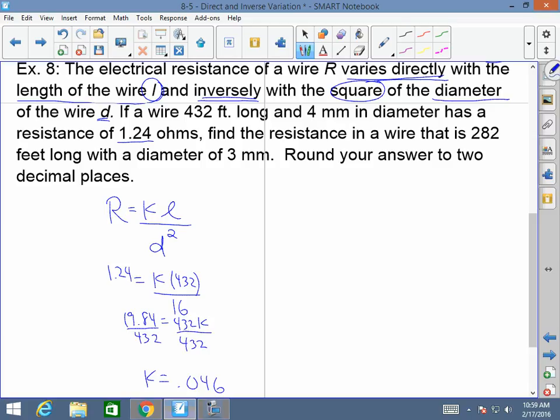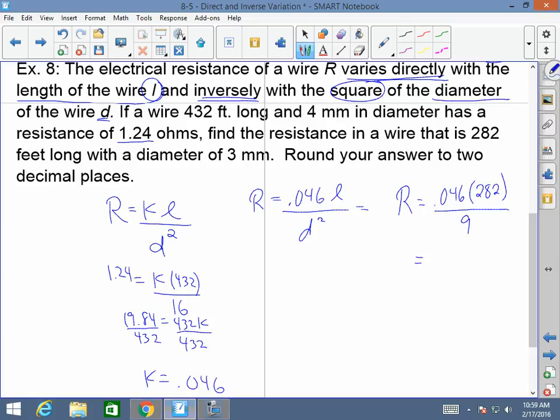Now that I have K, I can write my function. R equals K, which is 0.046 times L divided by D squared. Now let's plug it in and find what I'm looking for. Find the resistance R in a wire that is 282 feet long, so 0.046 times 282, with a diameter of 3 meters. 3 squared is 9.